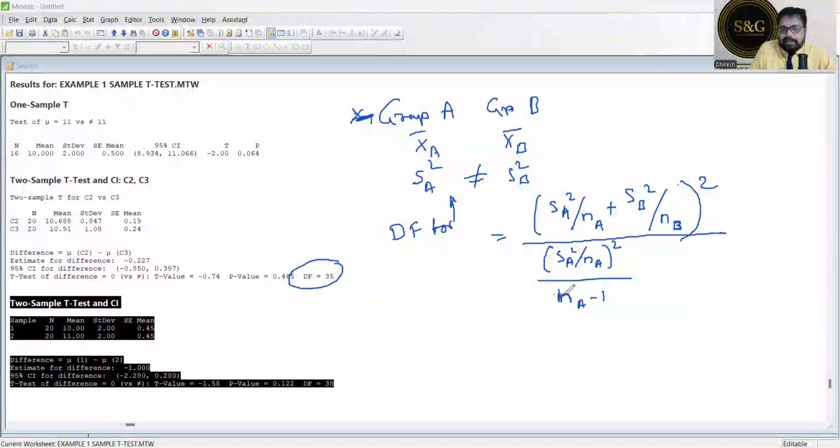This is n, n minus 1, nA minus 1. Same goes to variance of B divided by nB square divided by. This is the degree of freedom formula.